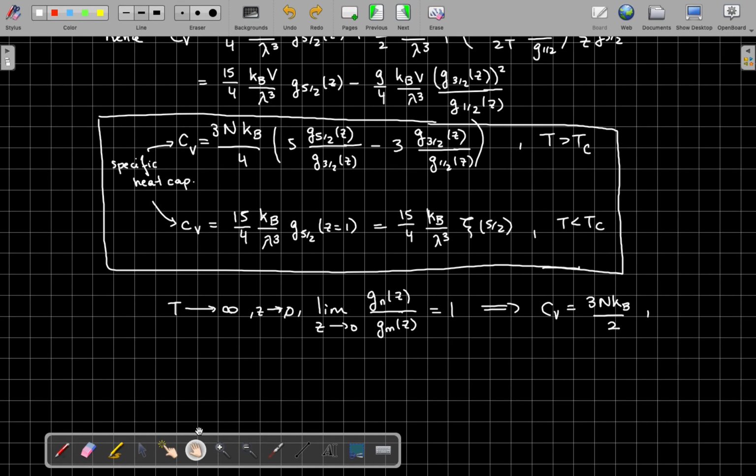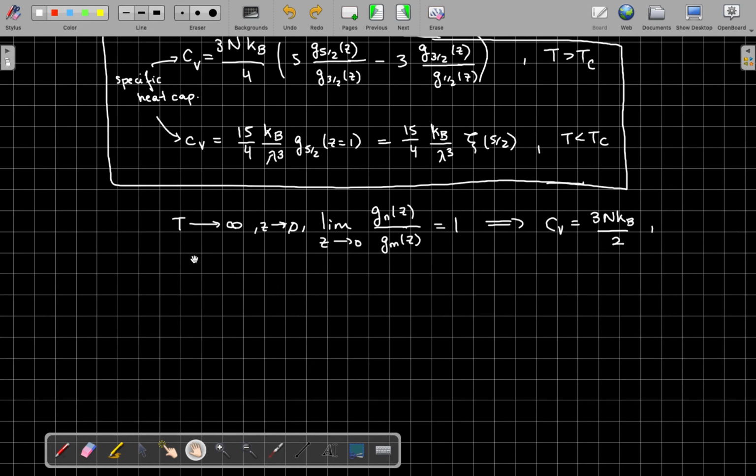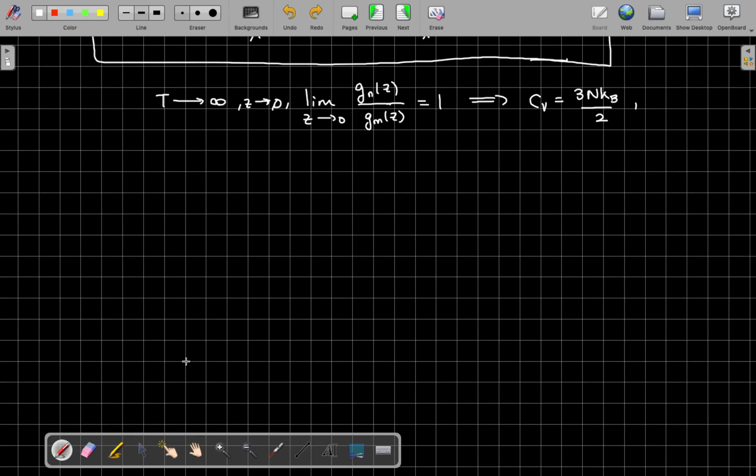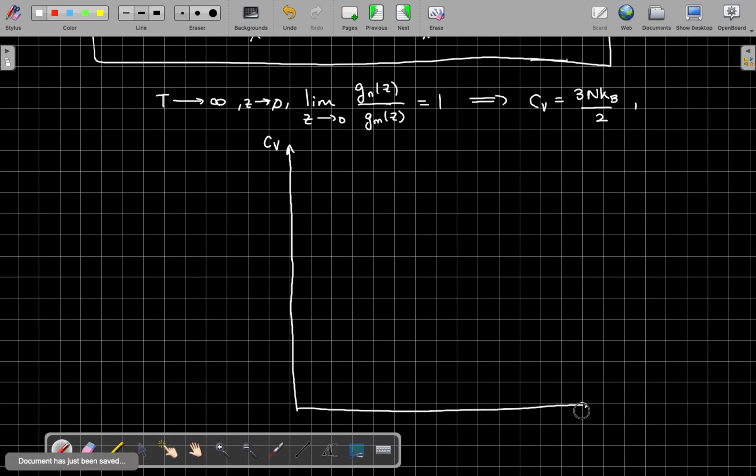Great, let's actually plot this, the specific heat capacity. I'll try to do it by hand. There we go. So here we have the C_V. Here we have the temperature.